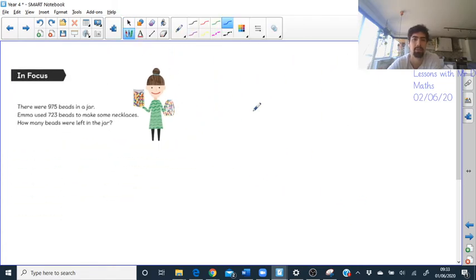Again, I said you might be able to get away with a partitioning method. So we're starting with this number here, 975.